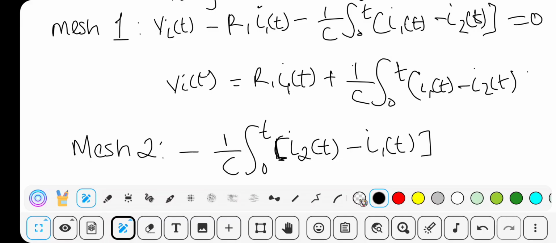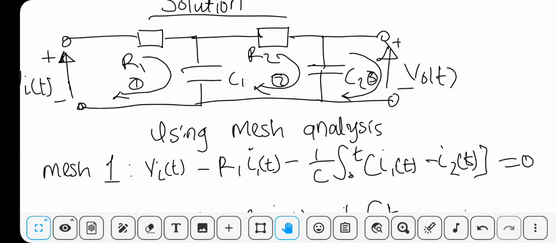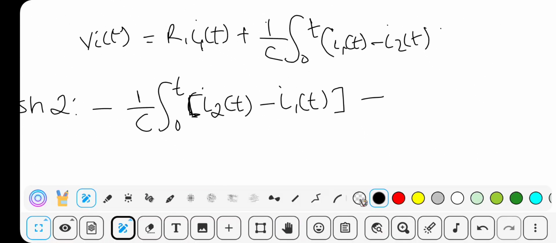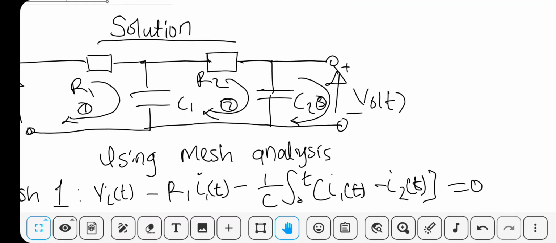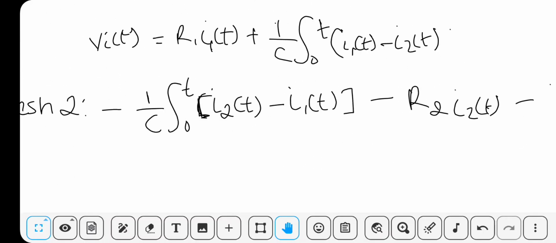For the next mesh, this one is not common to any other, it's just I2 going through it. It will be minus the voltage drop there, R2 I2 of t, and then minus, there's still another capacitor common to mesh 2 and 3.